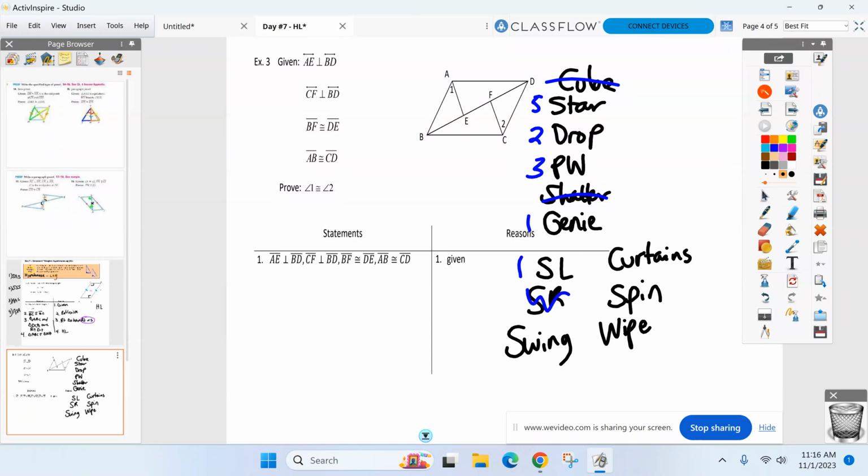Swing. Curtains. Spin. Wipe. Fade. Clock. We haven't seen clock all year. I think that's garbage. You've seen clock. I'll show you clock then.